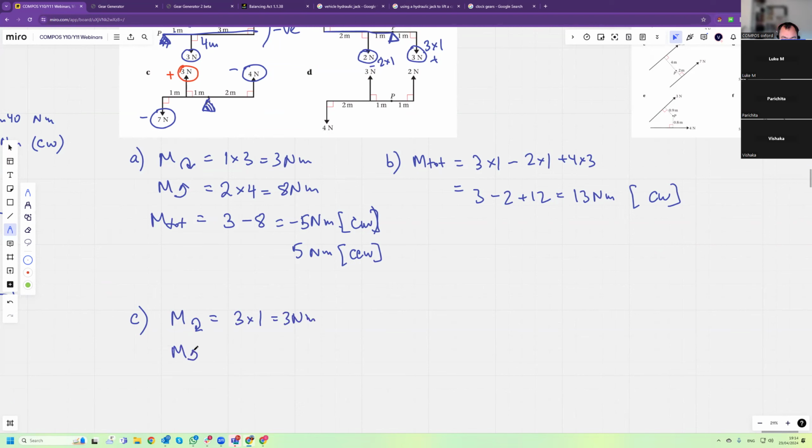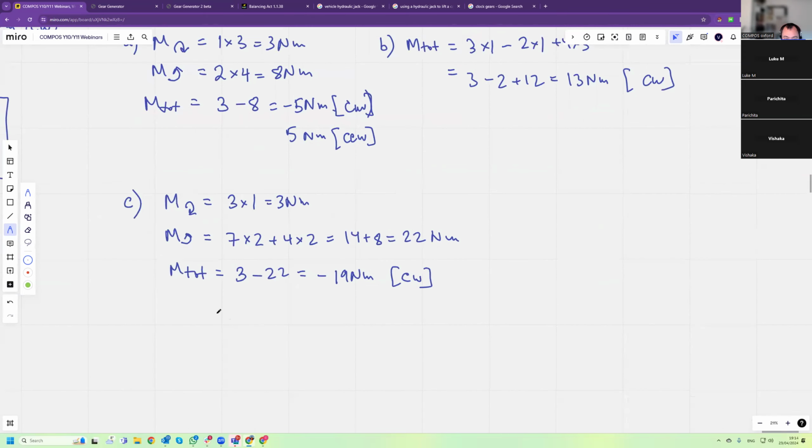The moment anticlockwise is 7 times 2 plus 4 times 2, which is 14 plus 8, which is 22 Newton meters. So the total moment is 3 minus 22, which is minus 19 Newton meters clockwise, or 19, which is the same as 19 Newton meters anticlockwise.